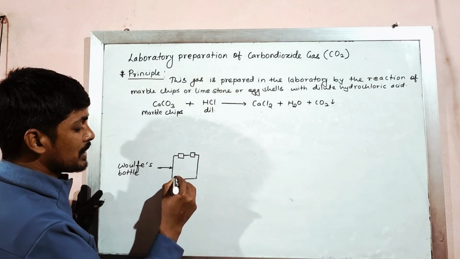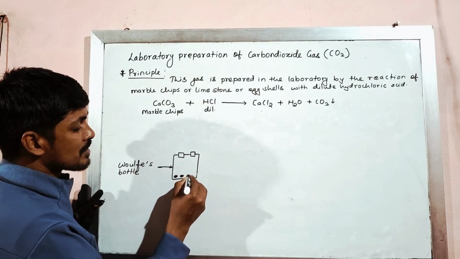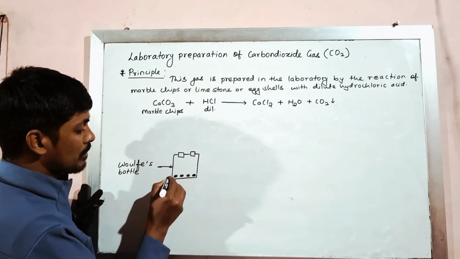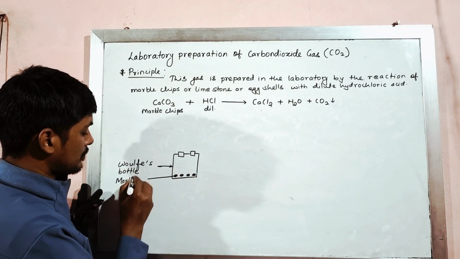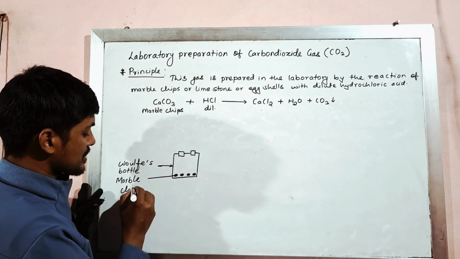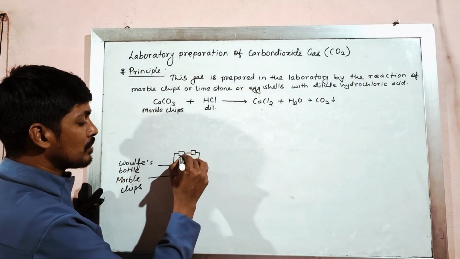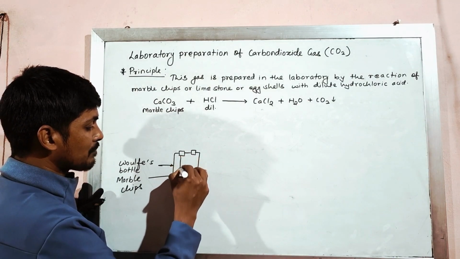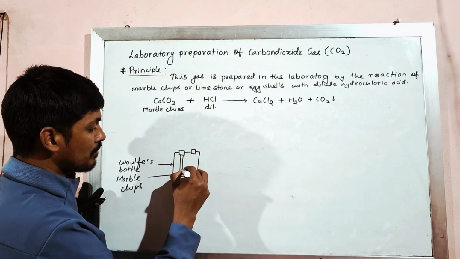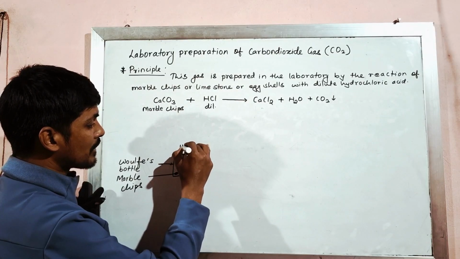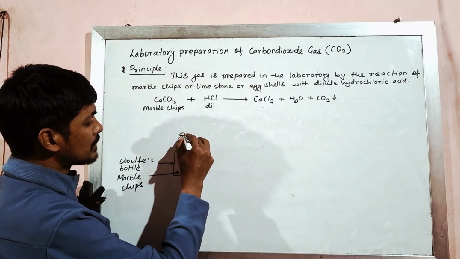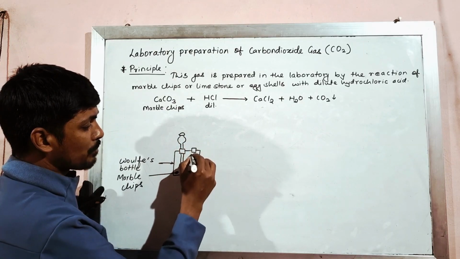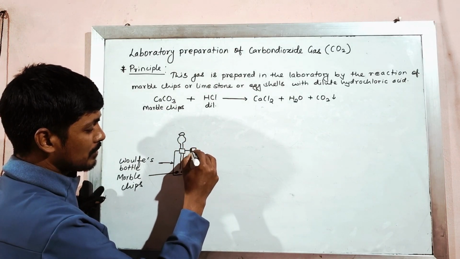In the beginning, we transfer some marble chips into the Wolf's bottle. Then we fit a funnel called a thistle funnel in one of the openings of this Wolf's bottle.